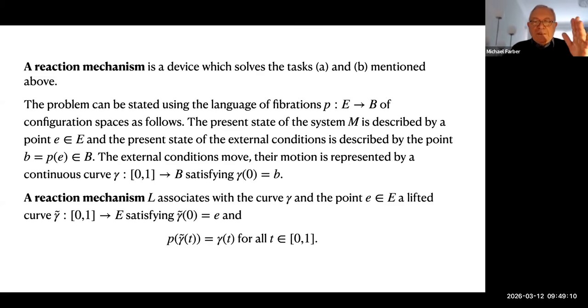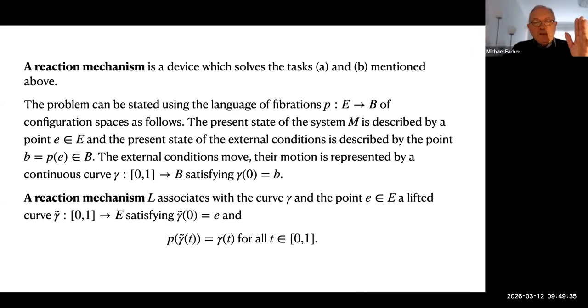The state of the system is described by a point of the total space E. And external conditions are a point of the base B, which is the projection of E onto the base, B equals P of E.